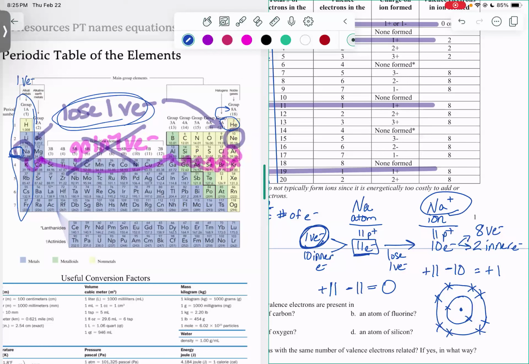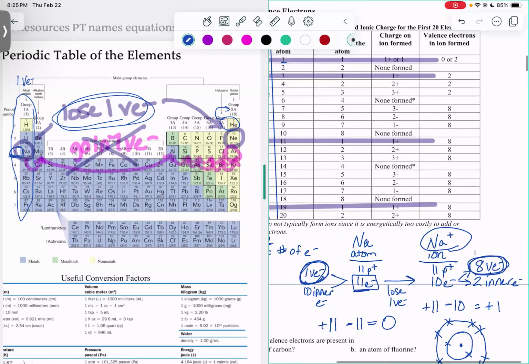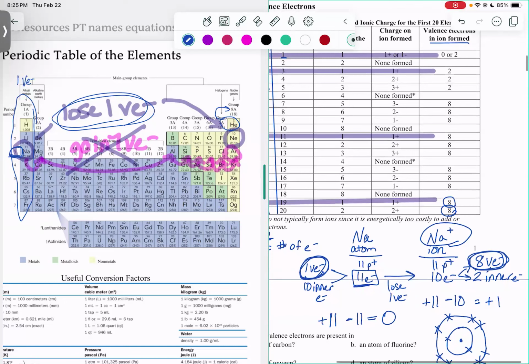It's always going to be less than 8. And they're going to do something in order to get 8 valence electrons. Because if you look at this, how many valence electrons are in the ion formed? It doesn't matter what ion is formed. How many valence electrons do we have? We always make 8 until, oh my gosh, we get to these that have 2.